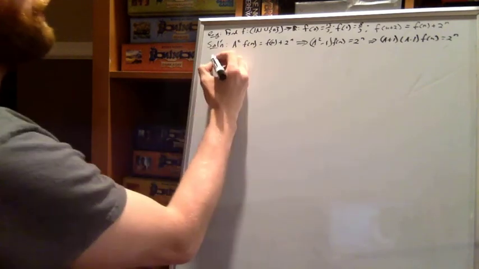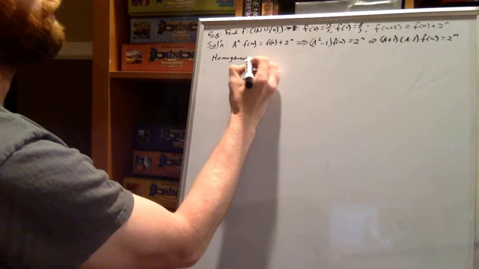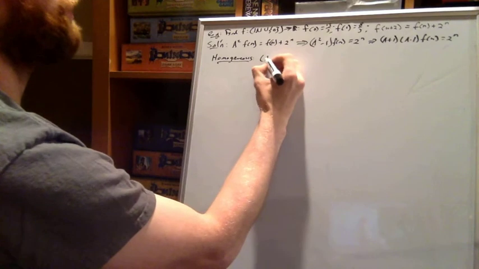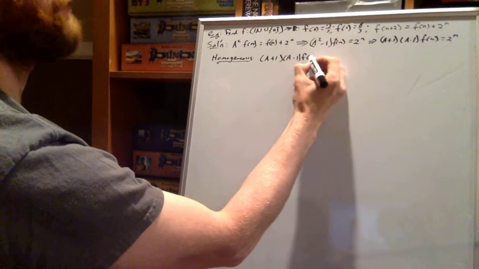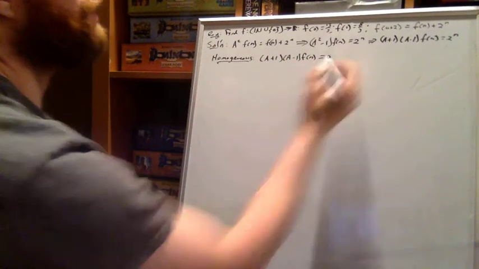But first, let's deal with the homogeneous part. Let's just pretend that it's homogeneous, and look for the solution to a plus 1 times a minus 1 of f of n equals 0.